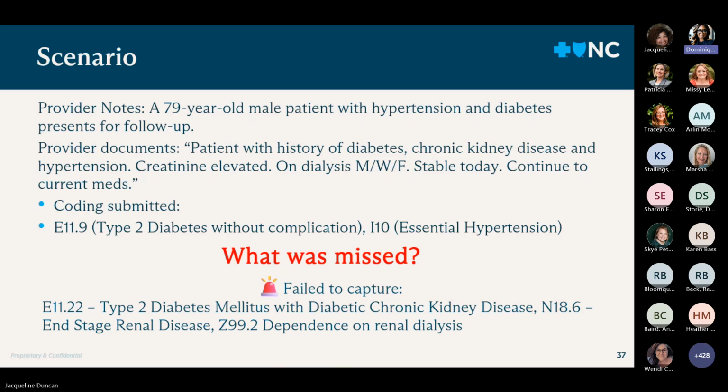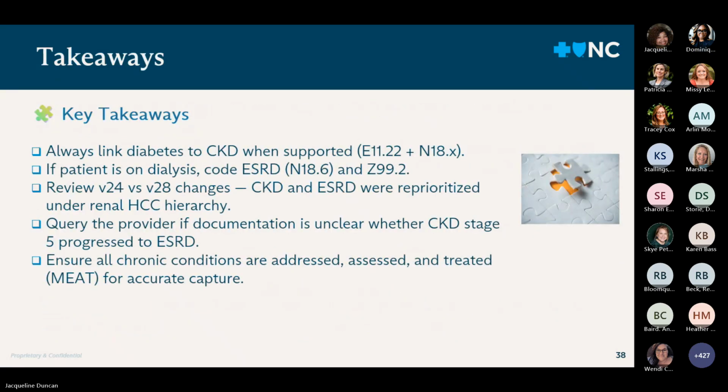If you said the coder failed to capture E11.22 type 2 DM with diabetic chronic kidney disease, N18.6 ESRD, and Z99.2 dependence on renal dialysis, you are correct. This scenario highlights several important points to keep in mind when documenting and coding CKD and ESRD.